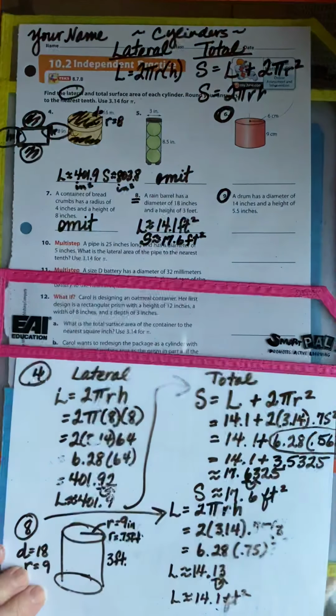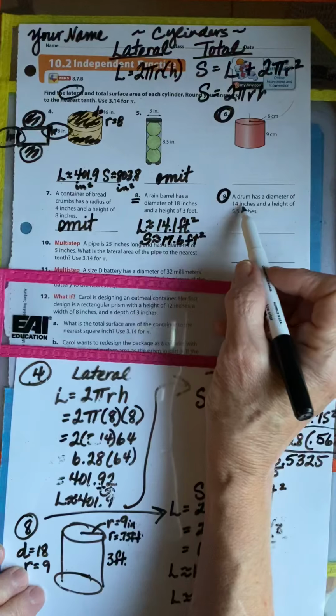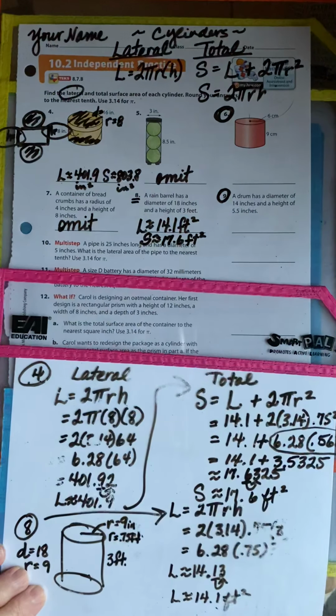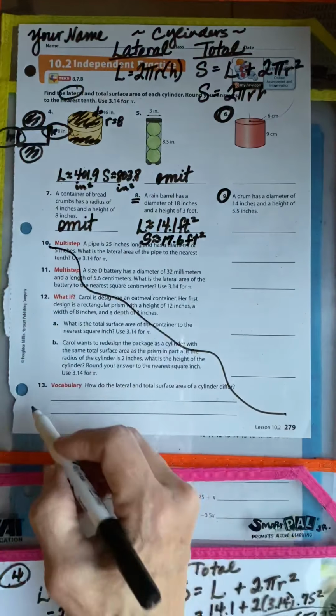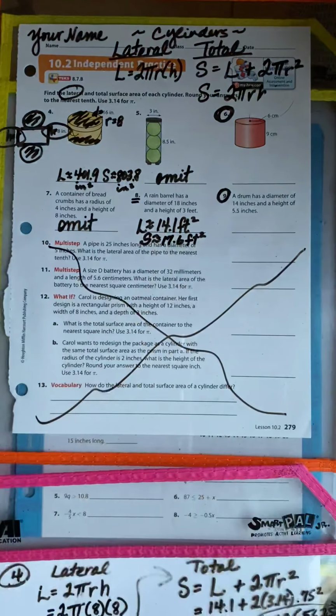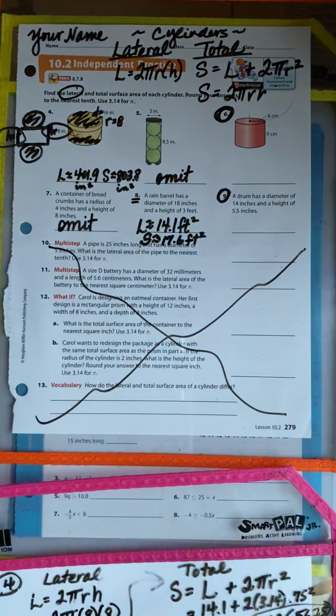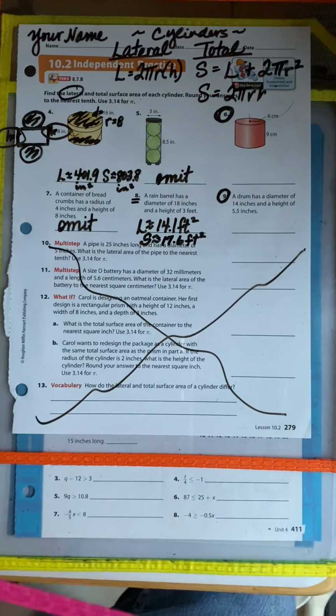Height equals 9. Nothing hard there. Here we've got inches and inches, so keep it in inches and find your lateral and total surface area for cylinders. You may omit the rest of this. Okay, girls and guys, number 6 and number 9. Take a picture, send it in.